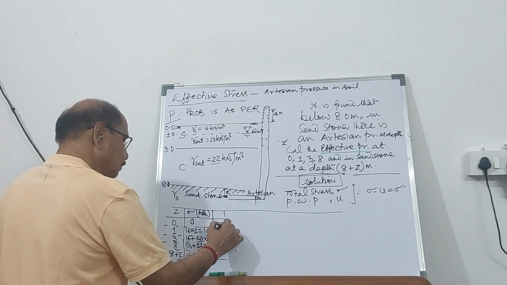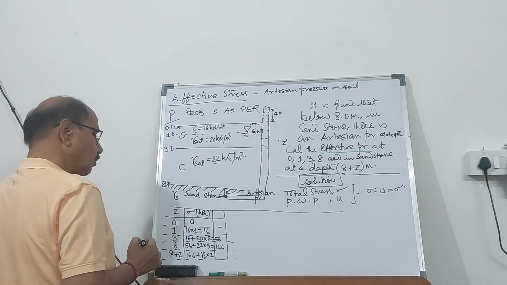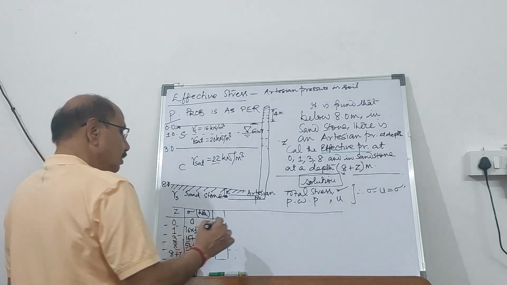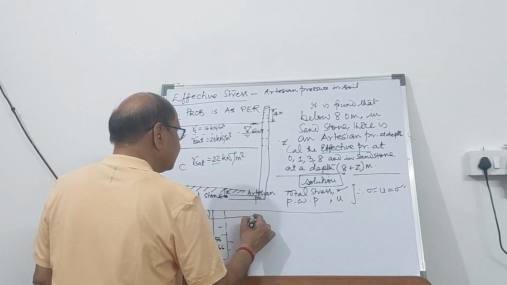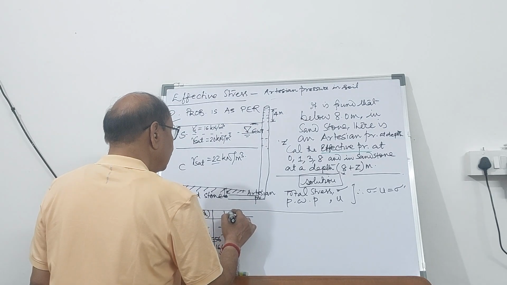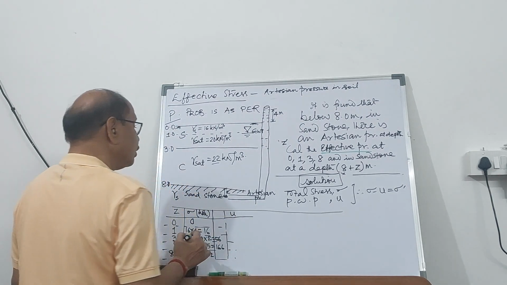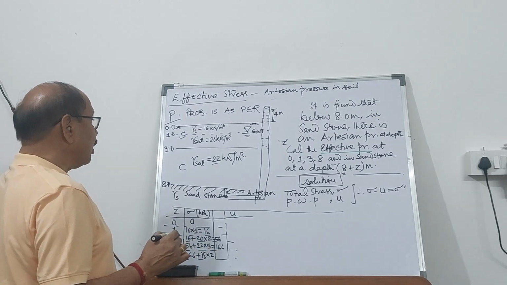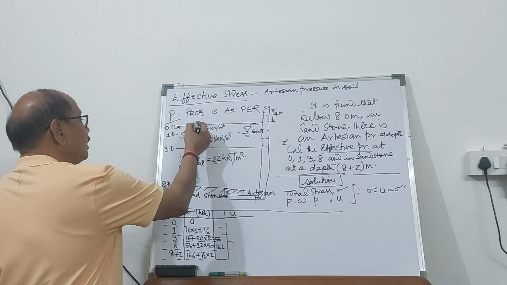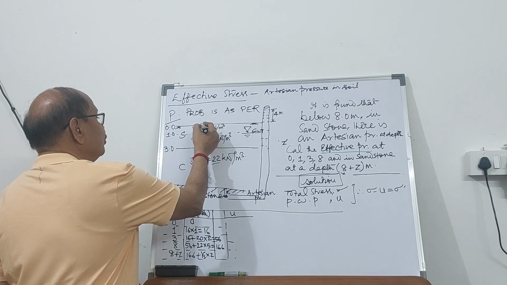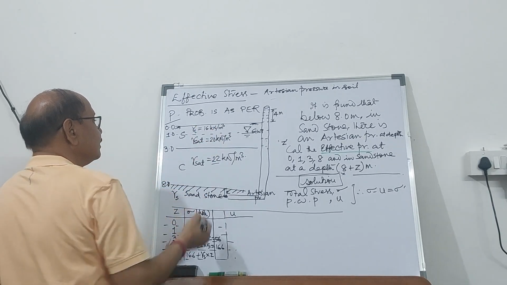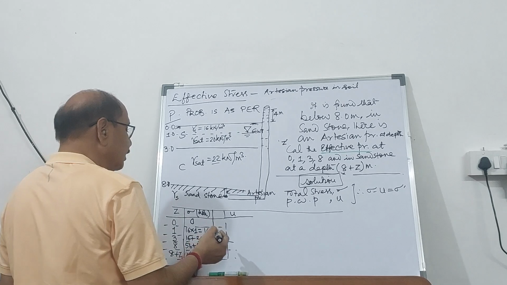So this is the value of sigma. Now you can calculate the value of pore water pressure in kilopascal. The pore water pressure at 0, if you insert a piezometric tube here, there is no water level.